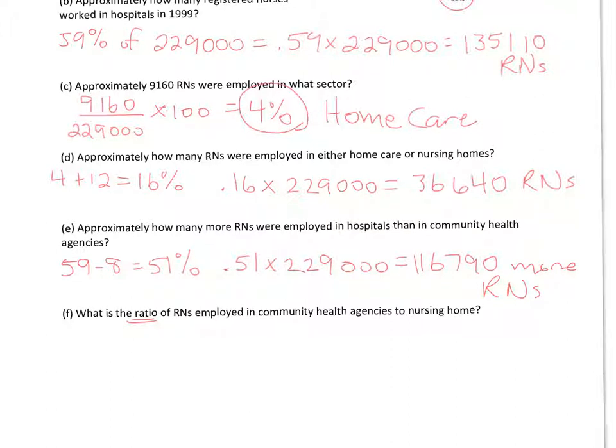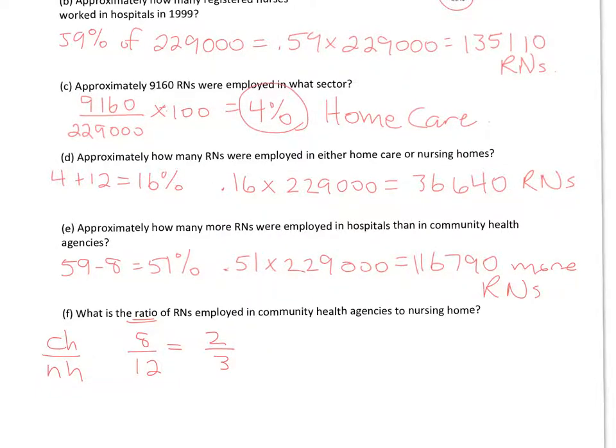The first one is community health agencies, and the second number is nursing homes. So I'm going to set up my ratio like this. I have 8% to 12%, and because we always reduce to lowest terms, that gives us 2 to 3 is the ratio of RNs employed in community health agencies to nursing homes.